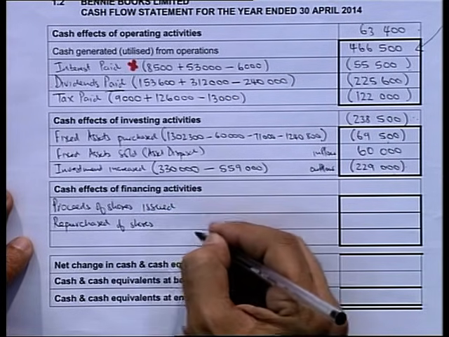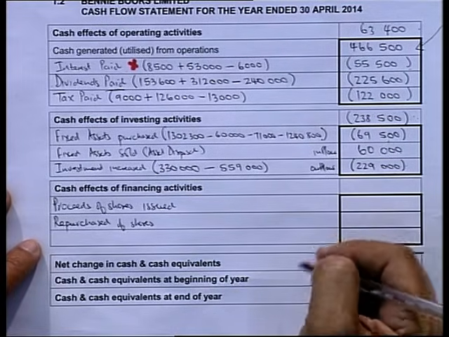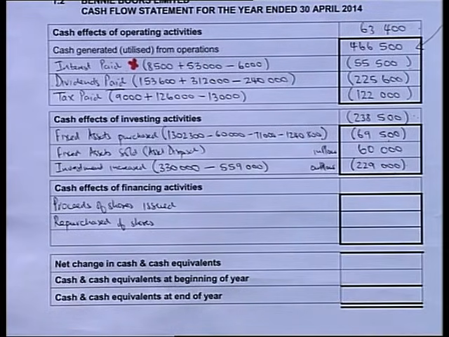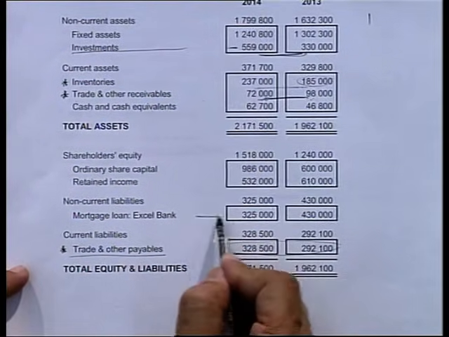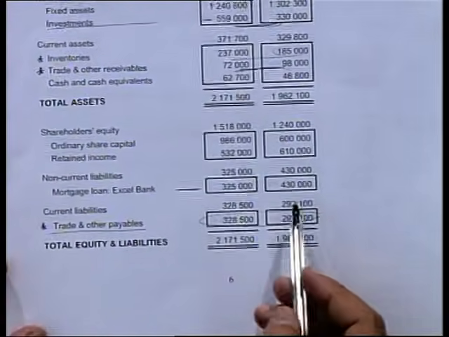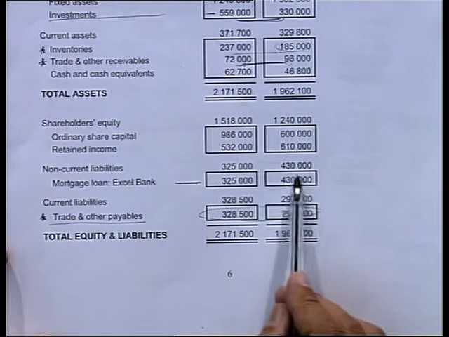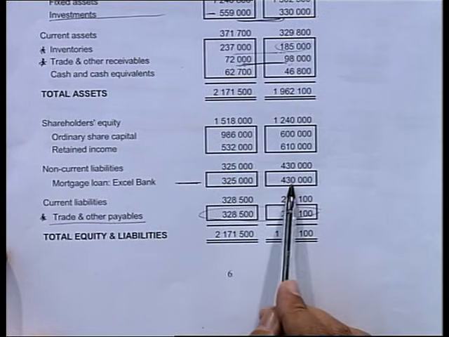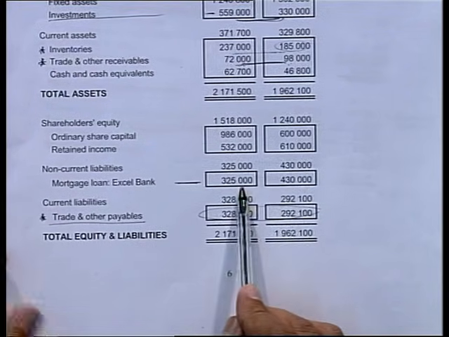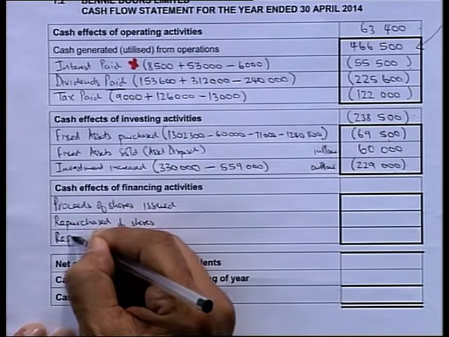In other words, how many shares did we repurchase and what was the repurchase price. Then the third line will always be something to do with the loan. So again, the non-current liability, the mortgage loan, last year it was 430, this year it's 320. Clearly we can see it decrease, so it will be repayment of loan.